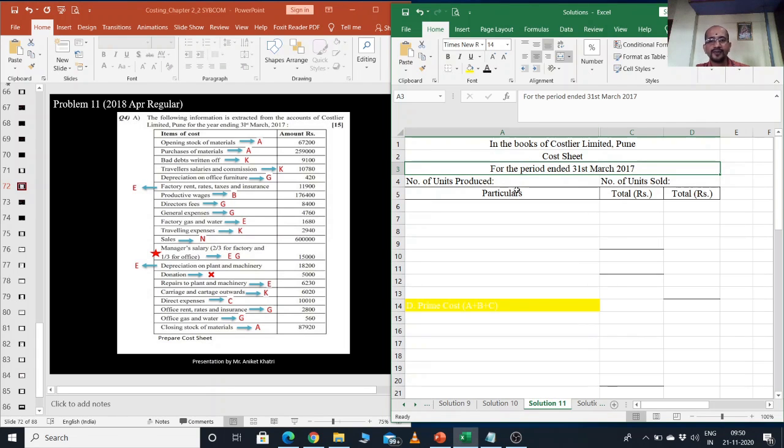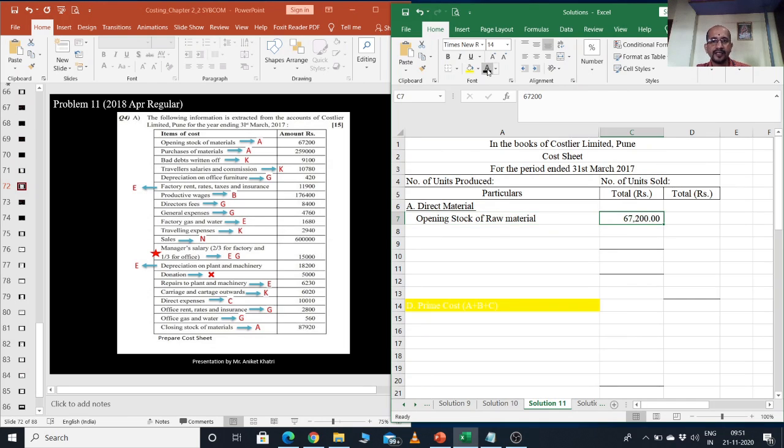Three columns are there: particulars, total rupees and total rupees. First, as per our format, we will calculate the direct material consumed. So first, direct material. In that we need to take first the opening stock of raw material.